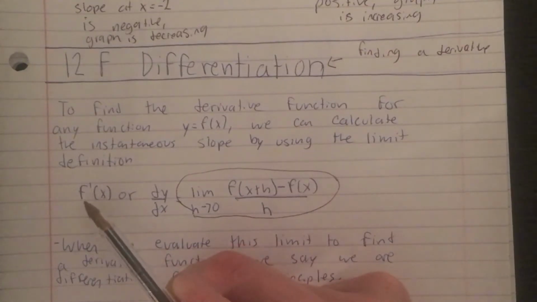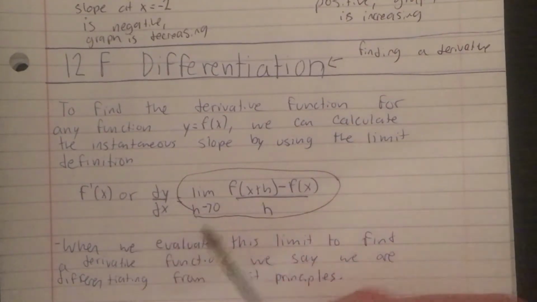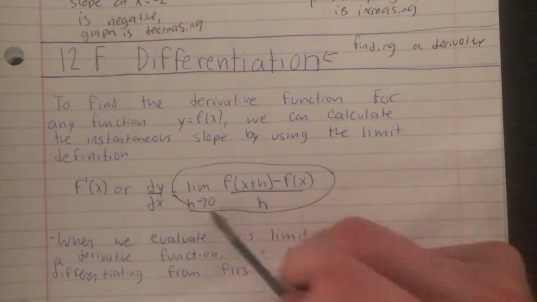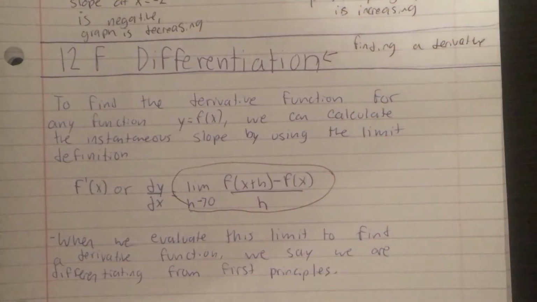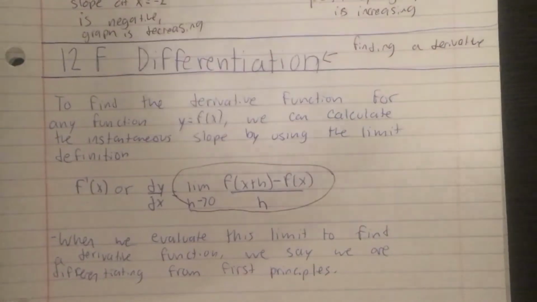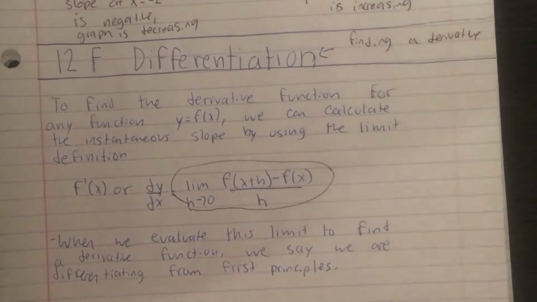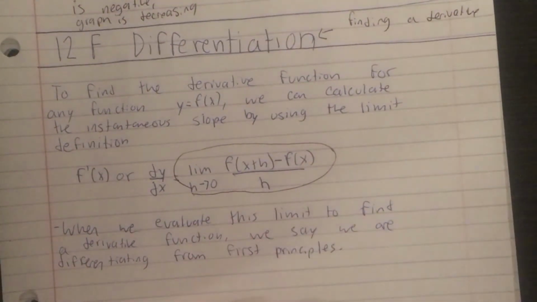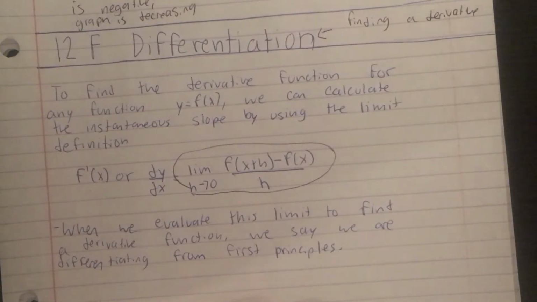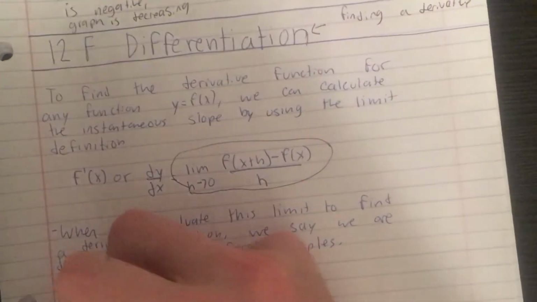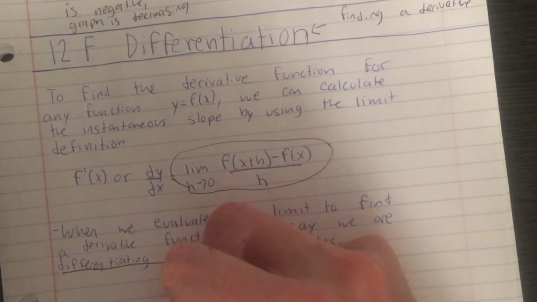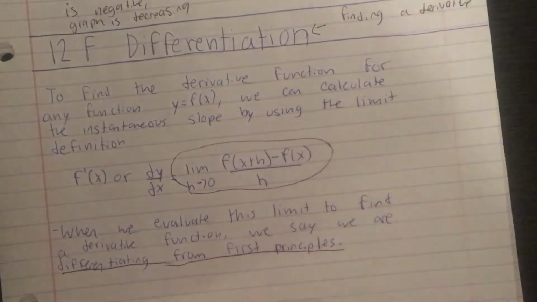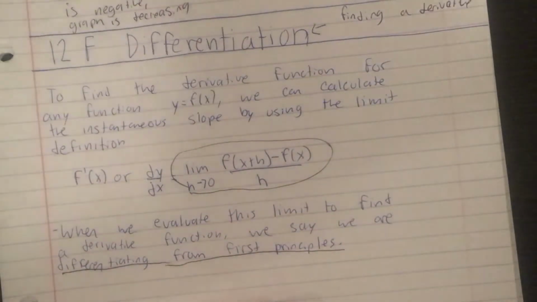If you're trying to find f prime of x or dy over dx, you're just going to use the limit definition that we've already looked at together as a class. Whenever we evaluate this limit to find a derivative, this is called differentiating from first principles. This is the longer way to find a derivative.